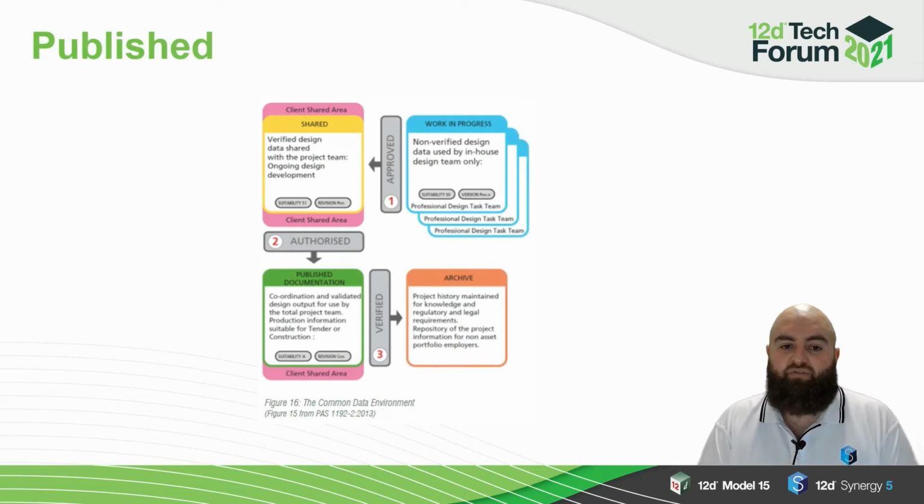So the next stage following approved for issue would be then to go to the published state. So this is, it's now approved or authorized. This information is information that has been approved issue for construction or approved at key intervals, i.e. milestone events. Here is a formal delivery of information, a package.